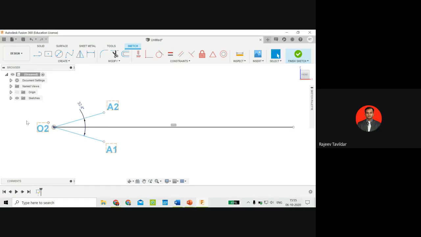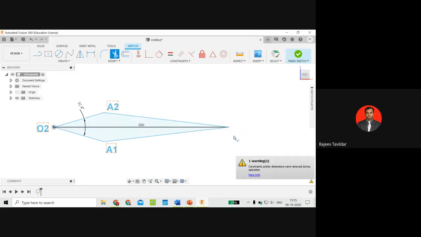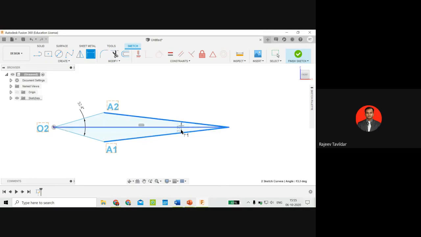So what I need is when I draw a line from A2 somewhere over here, approximately, and when I draw a line from A1 so that it will meet this intersection point here. Okay. So wherever they are going to meet, that will become my O4 point, provided this angle is something which I have already calculated.